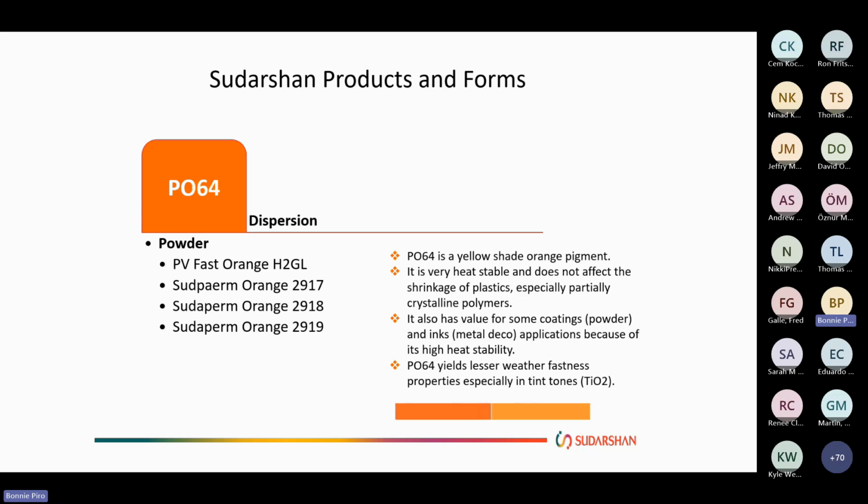The one thing to consider though, it does have lower weather fastness properties, especially when TiO2 is involved in there. So something to consider, but there are ways to get around that particular issue.